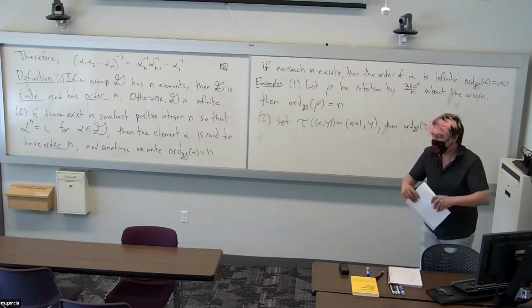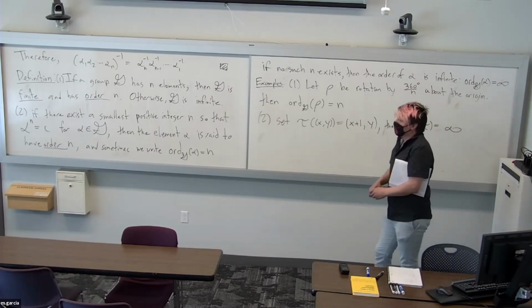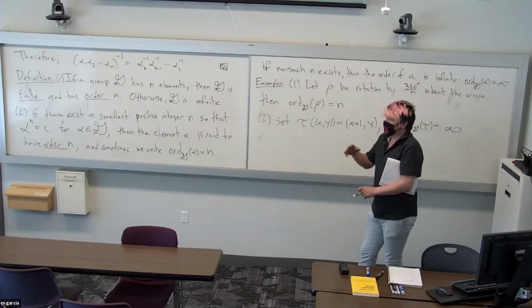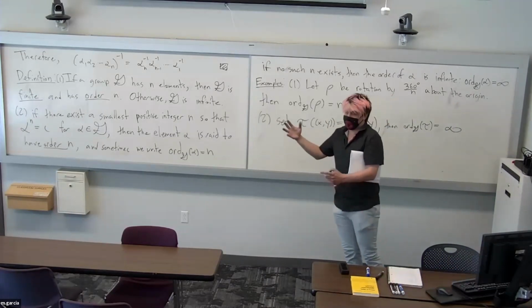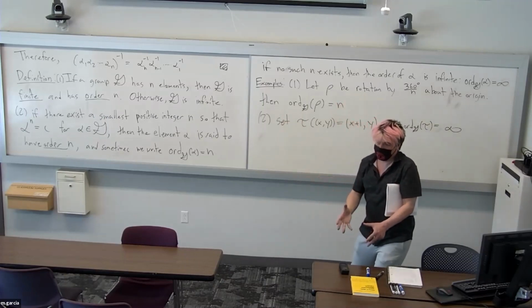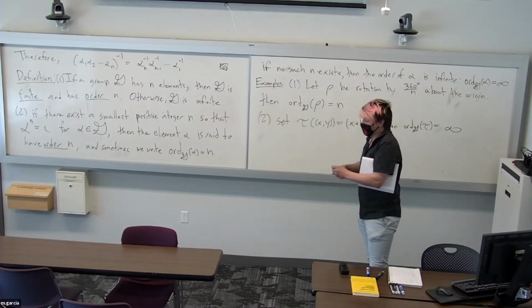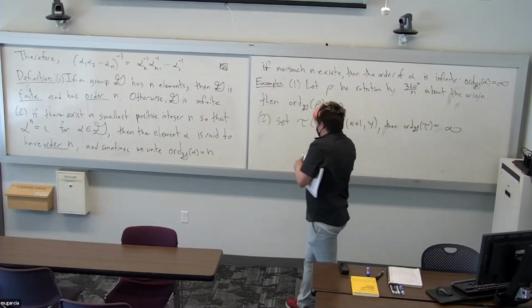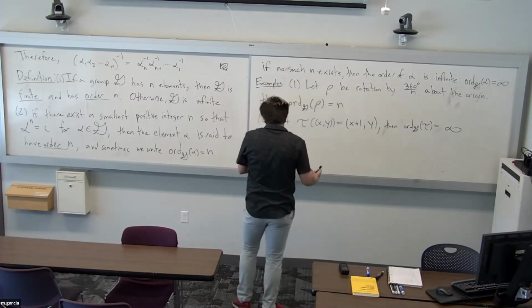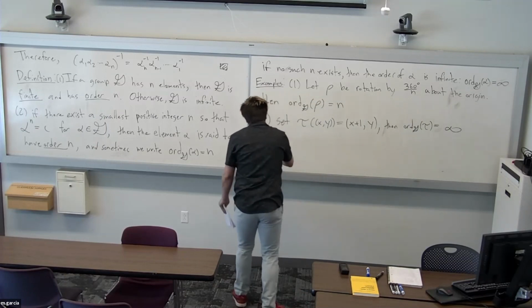So, now we're going to talk a little bit about specific types of groups in general, and then we'll talk more about examples of those types of groups in the transformation group. Let's say the following definition.